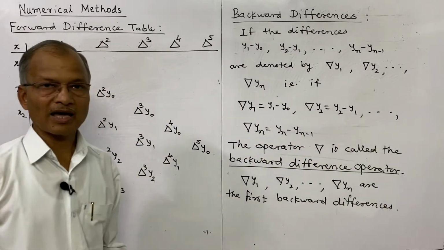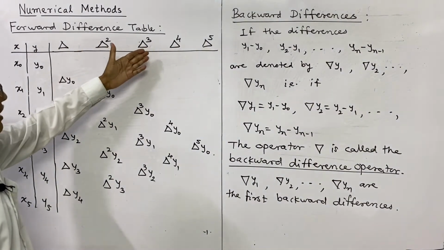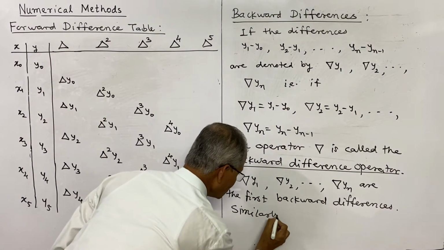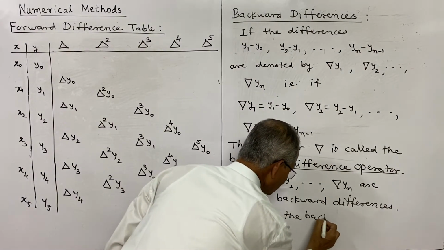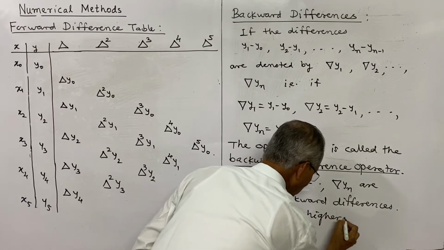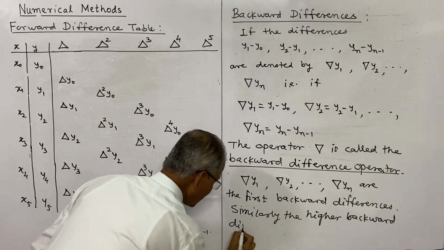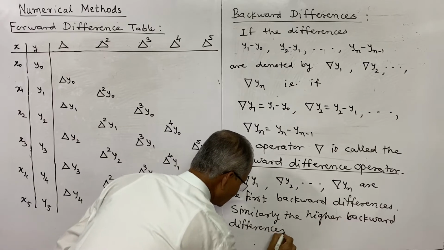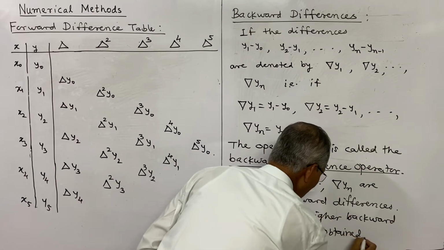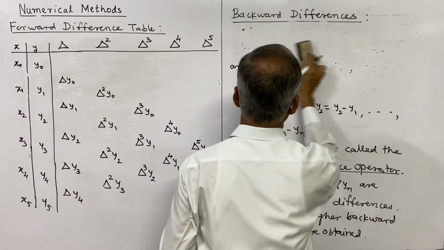And similarly, the higher backward differences can be obtained as in the earlier case, that is del square, del cube, etc. Now, for example, we can have del square of y2.